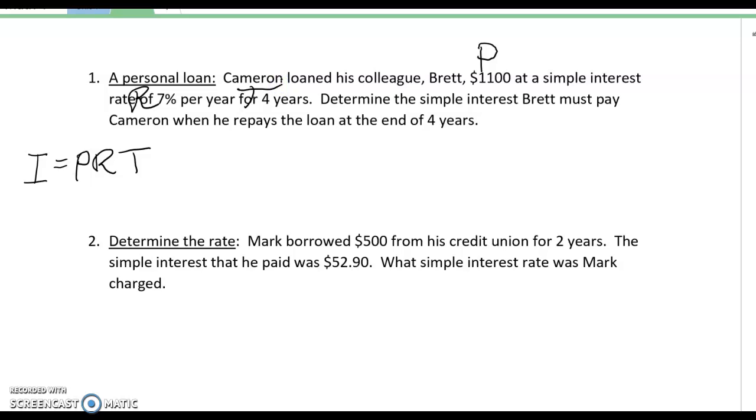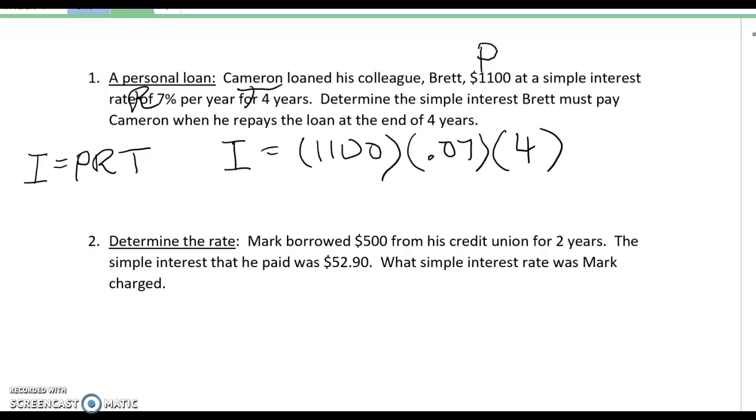Okay, so like with any formula, we're going to plug in those values and solve for the remaining variable. So in for P goes $1,100. In for R goes 7%.